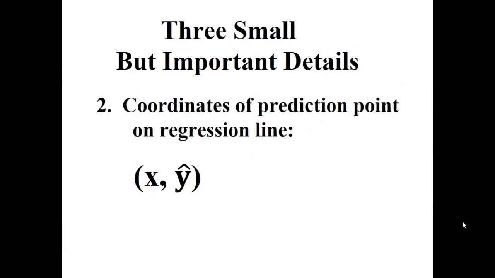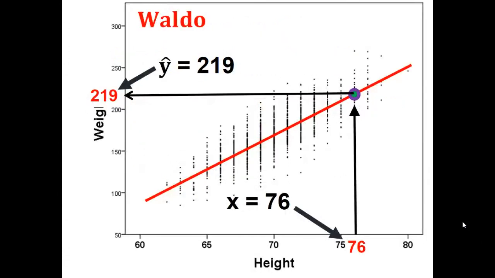Second, we said that the coordinates of a prediction point on the regression line are x and y predicted. For instance, the prediction point for Waldo has an x coordinate of 76, which is his x value, his height. The point's y coordinate is 219, which is his predicted weight in pounds.